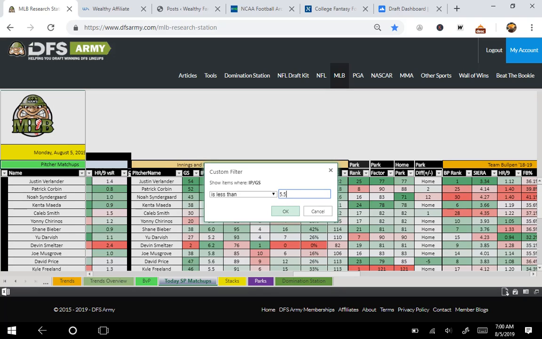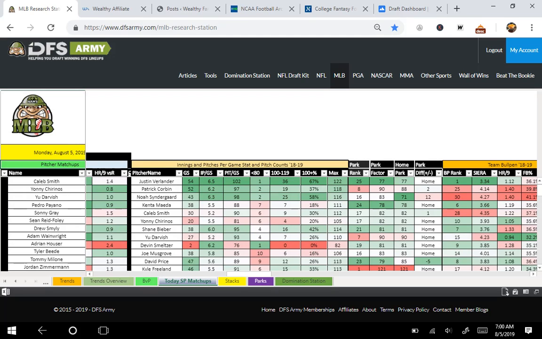So that basically we're getting at least 3.5, sorry, not 4, but if the starting pitcher pitches 5 innings, that's 4 left for the bullpen, right? So we're at least 3.5 innings left over for the bullpen towards the end of the game. So we're going to say less than 5.5 and weed out everybody that doesn't match that criteria.